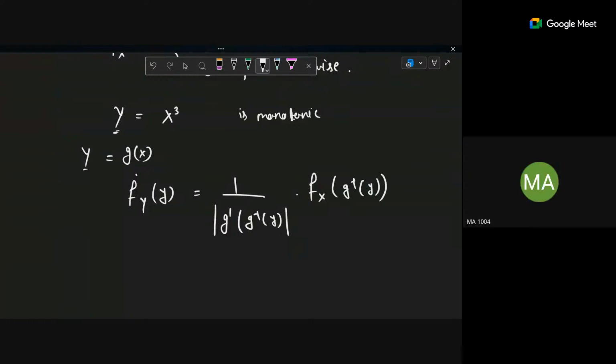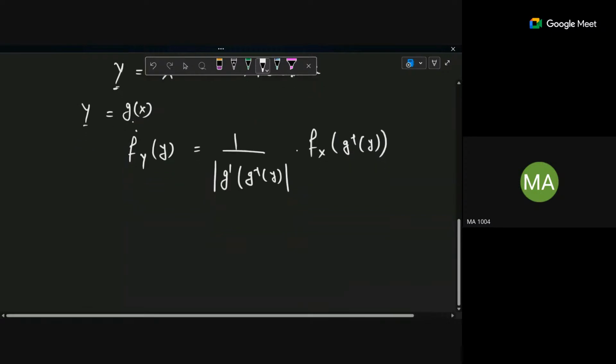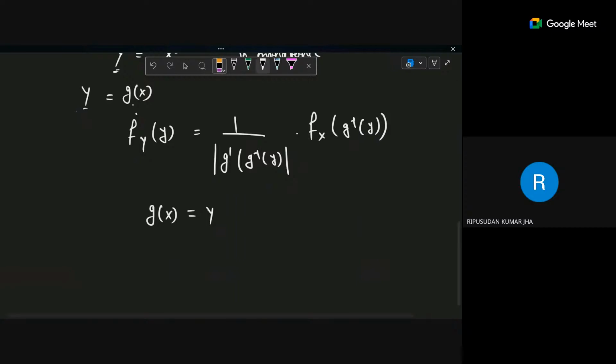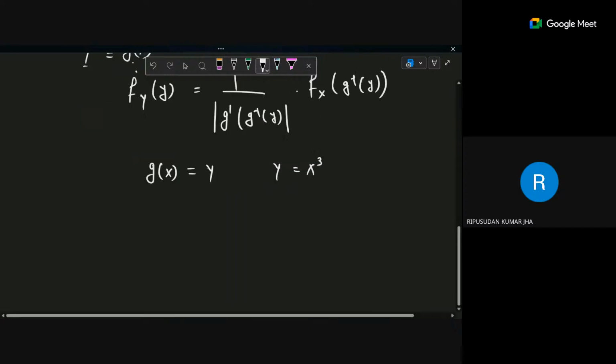Here y is equal to g of x, which is x cube. So what will be g inverse of y here? It is y raised to the power 1 by 3.